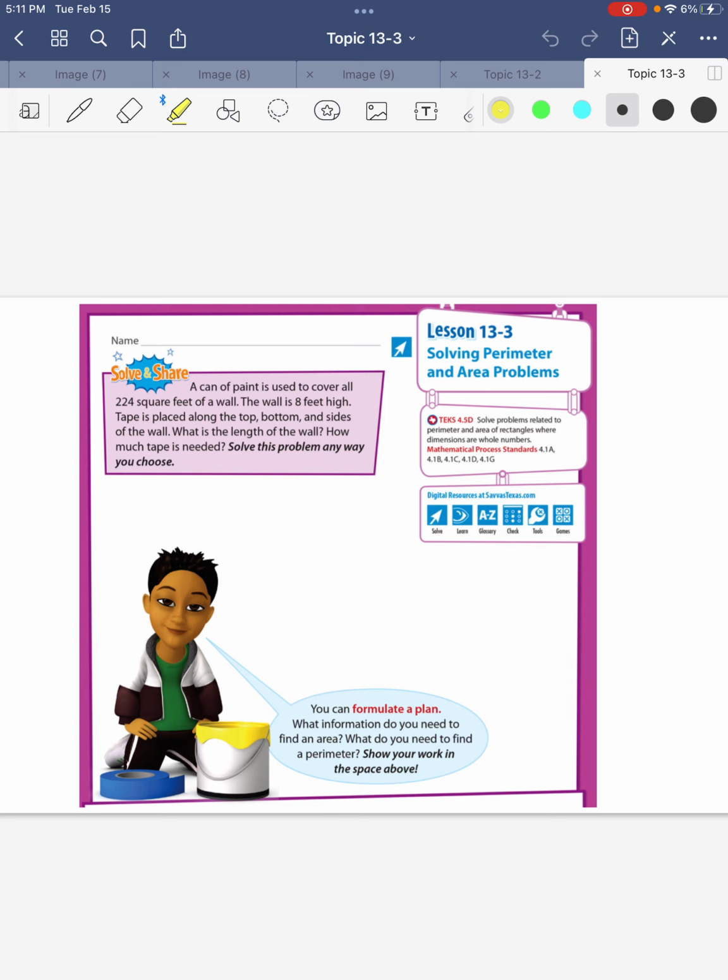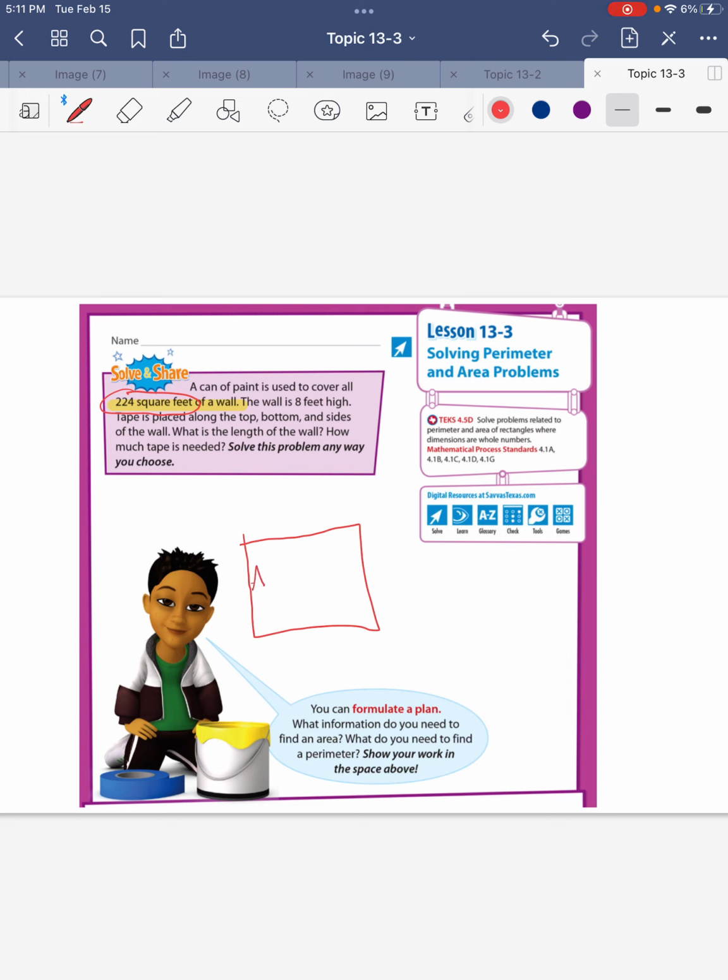They're saying that a can of paint is used to cover 224 square feet of wall, okay? So I know a wall is square shaped, okay? They're telling me that this 224 is the square feet of the wall. When it's saying square feet of the wall, that's pretty much just meaning it's the area, okay?